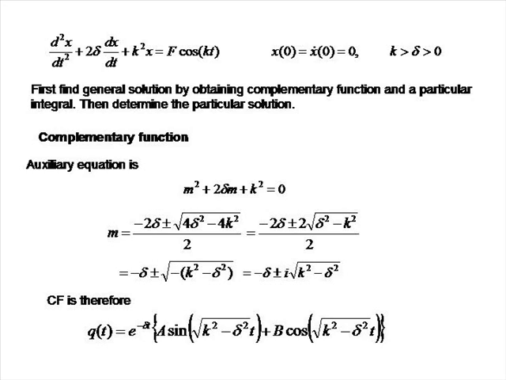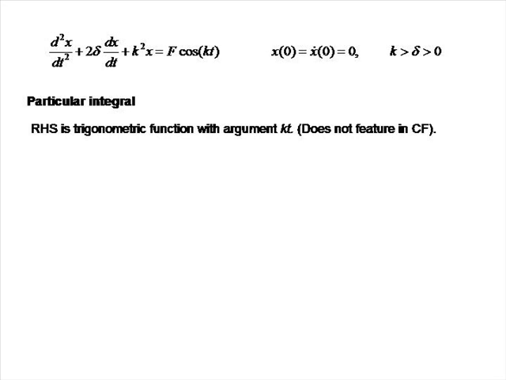We now have to work out a particular integral, and this we do by looking at the right-hand side of our second order equation. The right-hand side is a trigonometric function whose argument is k times t. Let's note that this function does not feature in the complementary function we've just derived. So given this, let's try a particular integral of the form a times sine kt plus b times cosine kt.